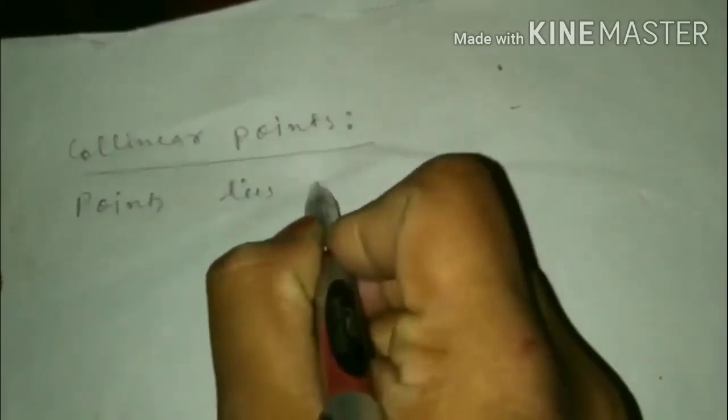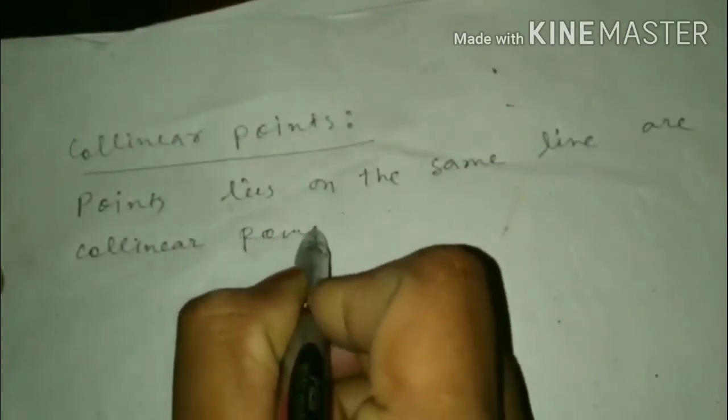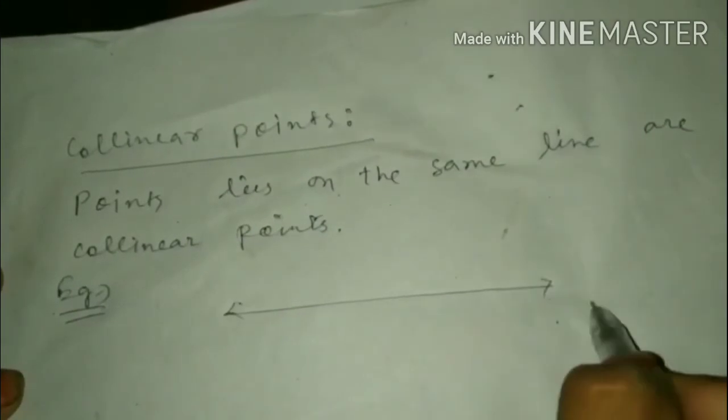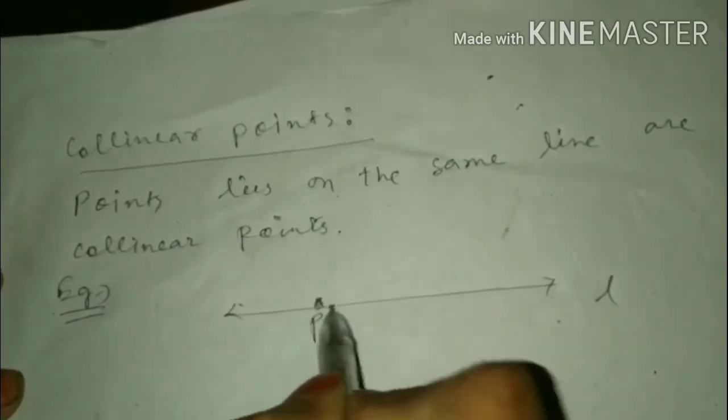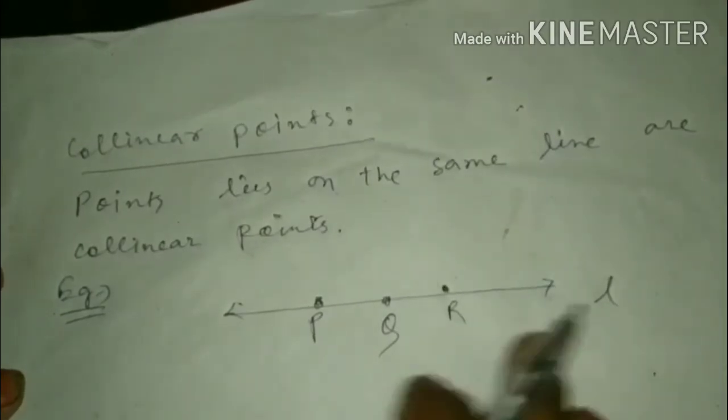Points that lie on the same line are called collinear points. Example: see, this is a line, and P, Q, R are 3 points on the same line.